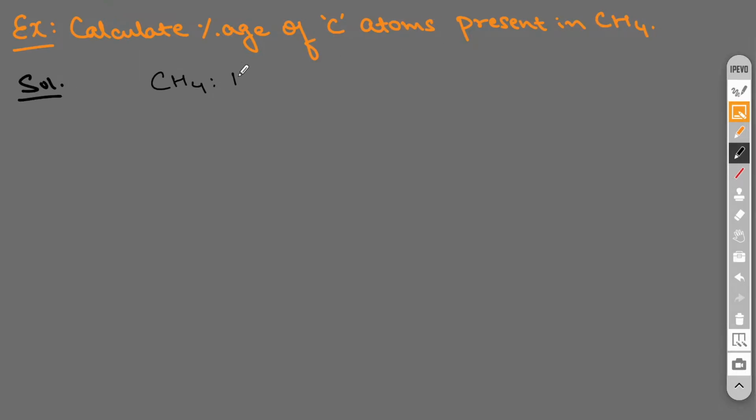Calculate percentage of C atoms present in CH4. So we'll solve it here simply. We have CH4, the molecular mass of CH4 is 12 plus 4 times 1, which is 16 gram per mole, right?